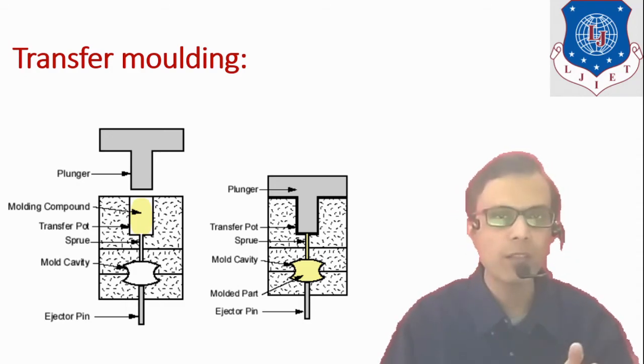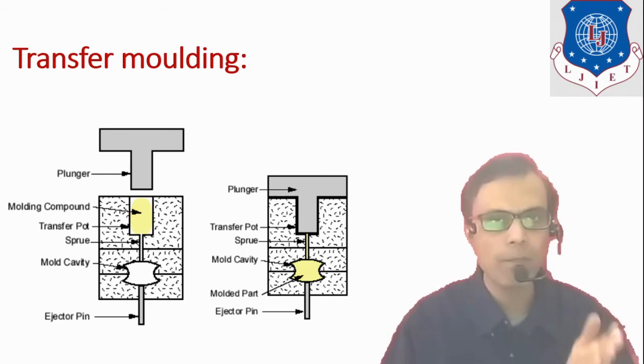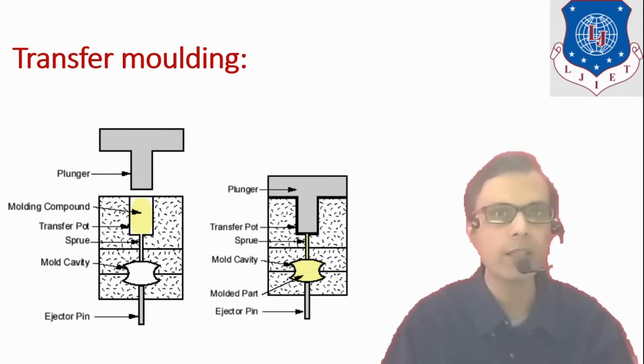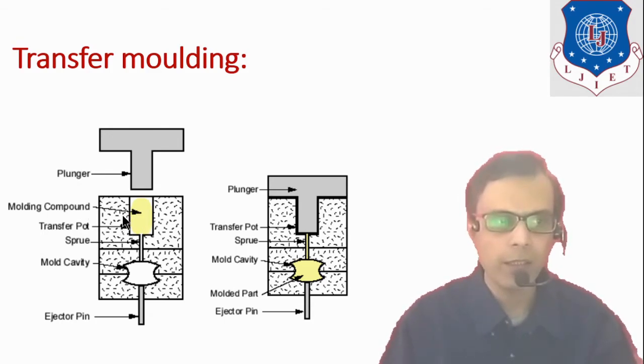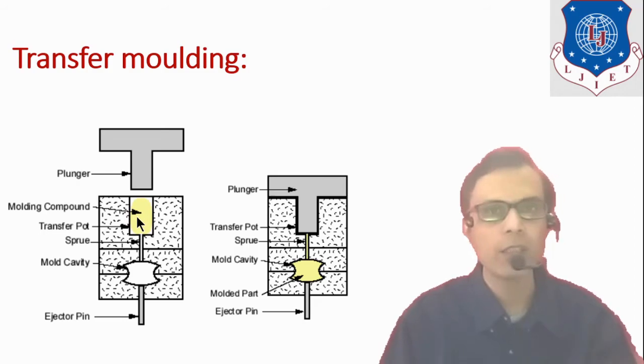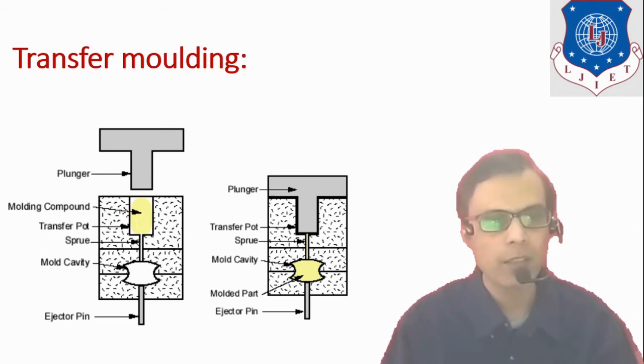The difference between compression molding and transfer molding is that in case of compression molding, the raw material is placed in an open die half, whereas here it is a pot in which the raw material is placed.